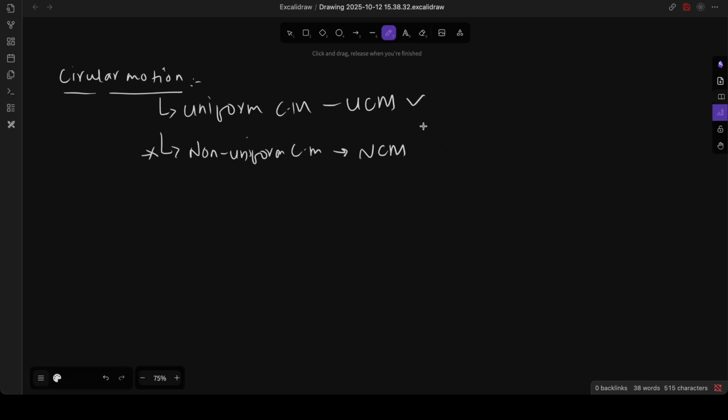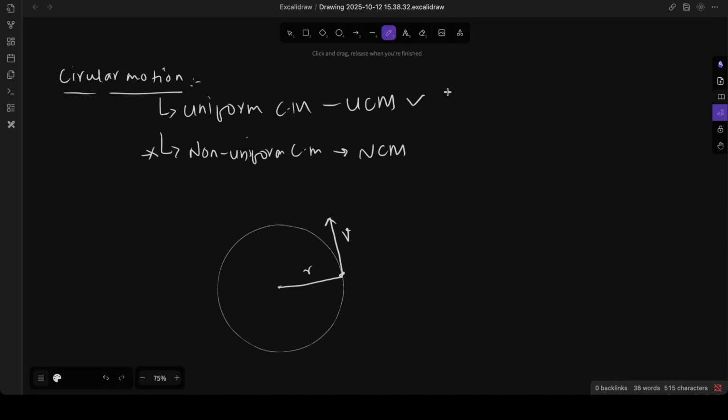Now, when we say uniform circular motion, we know that there will be a body performing circular motion on a circle with radius r. It will have some tangential velocity v.